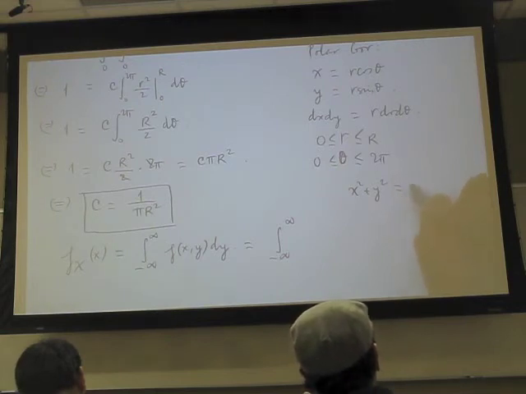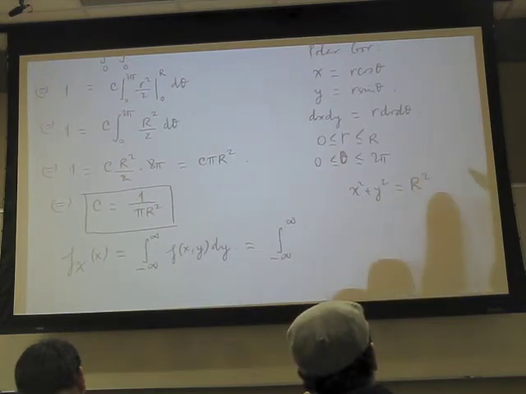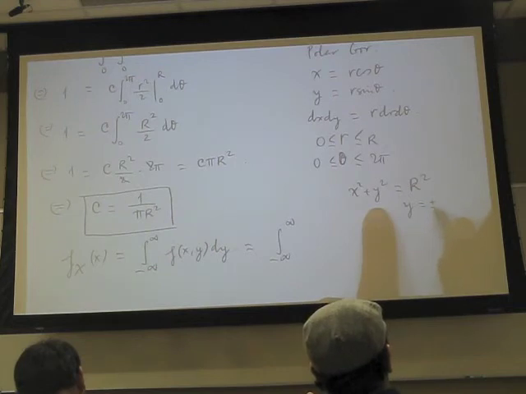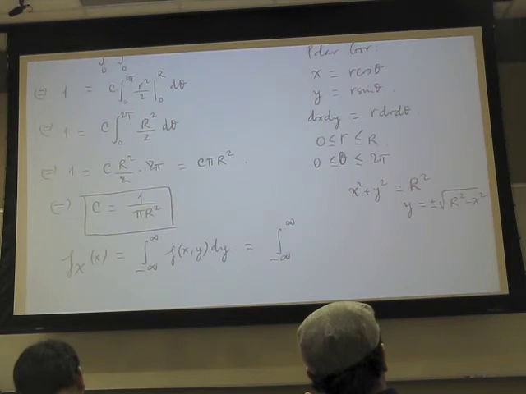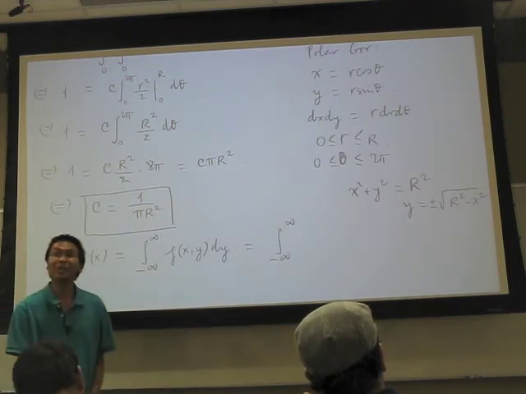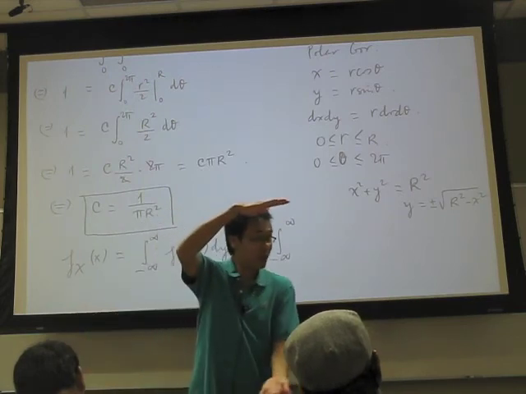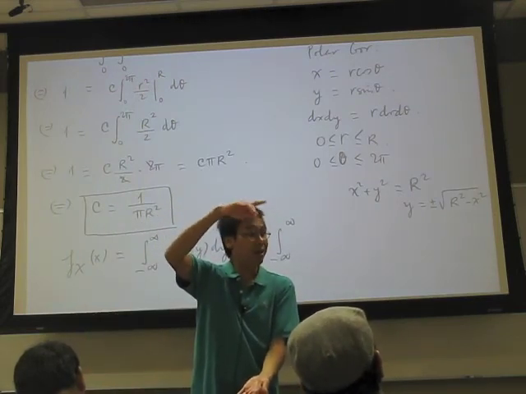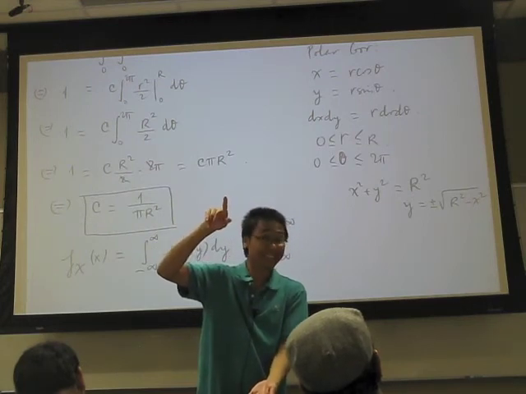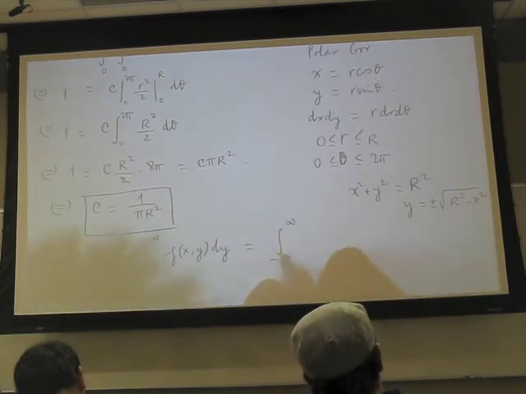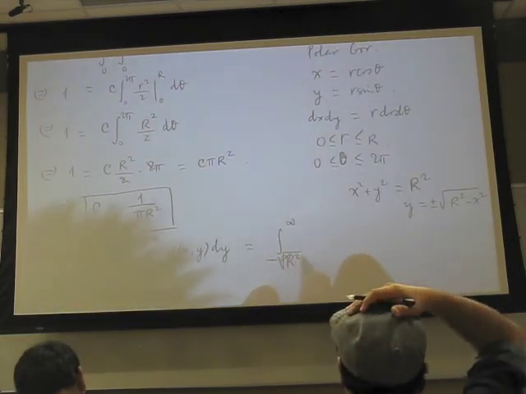Right? So in other words, if you set it equal to r squared right here, then you can see that y is going to be plus or minus the square root of r squared minus x squared. So that means the integral from negative infinity to infinity, I might as well do it from negative square root of r squared minus x squared to the positive square root of r squared minus x squared.